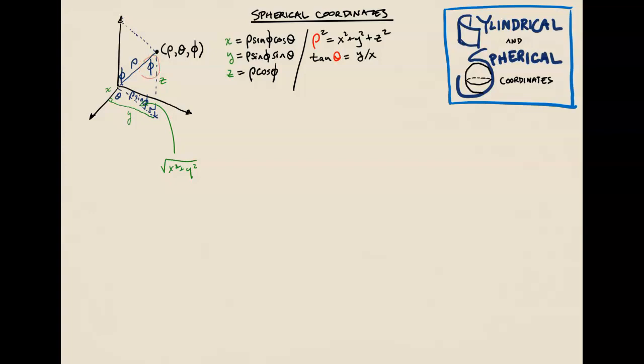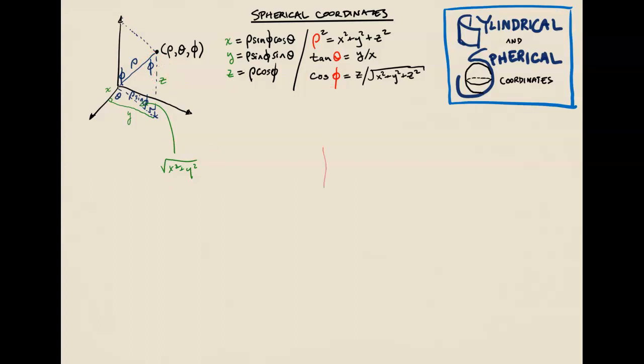We could say that the cosine of phi is the adjacent leg, z, over the hypotenuse, rho, but as we start to write that down, we realize, wait a second, I can't put rho here. The whole point is to get phi in terms of Cartesian coordinates. But I already know what rho is in Cartesian coordinates. It's just going to be the square root of that stuff. So I can write it that way. It's not really a big deal whether you write it this way or say that tangent of phi is this stuff over z.